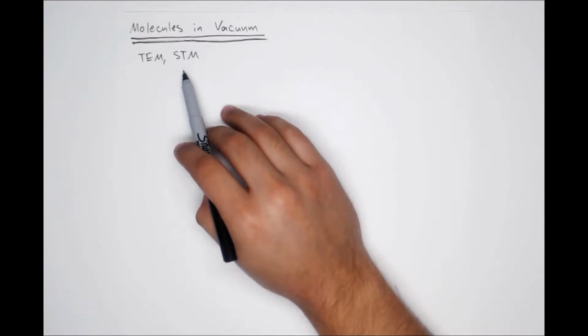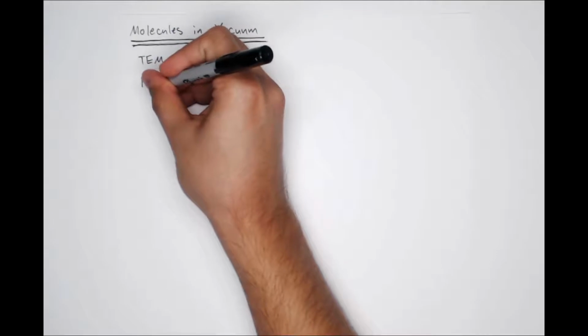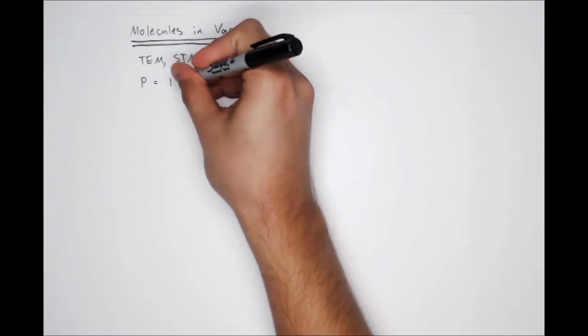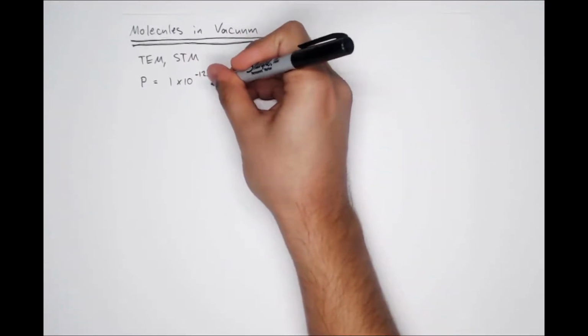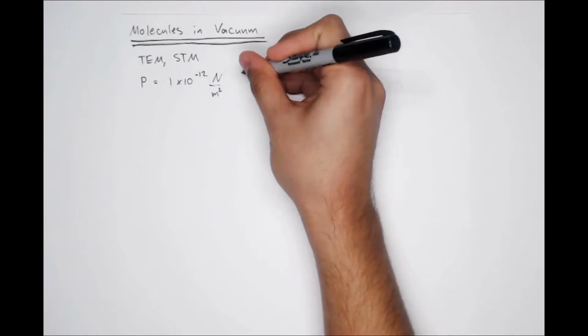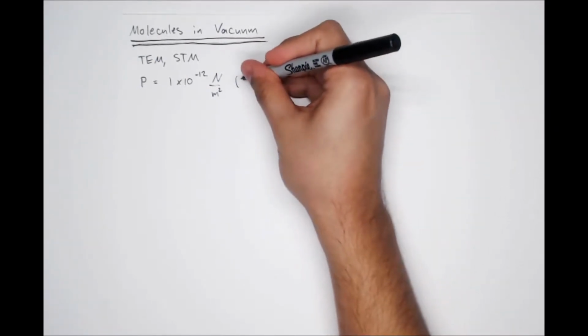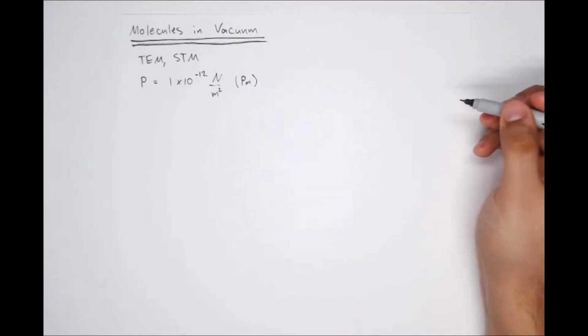So you need to use very low pressure, and a typical value for these very low pressure systems is 1 × 10^-12 newtons per meter squared, which is also the unit of pascals. Okay, and so that's the pressure.